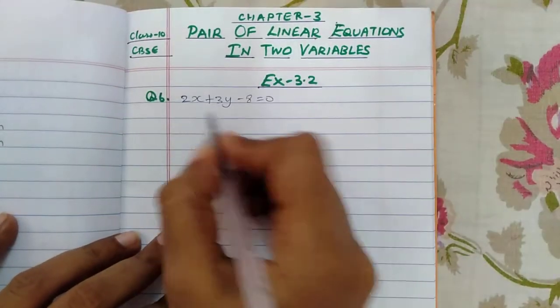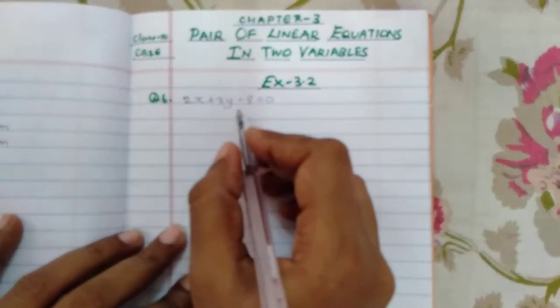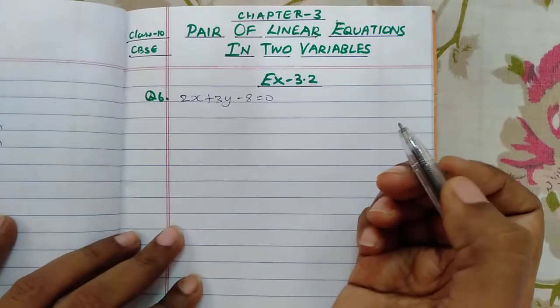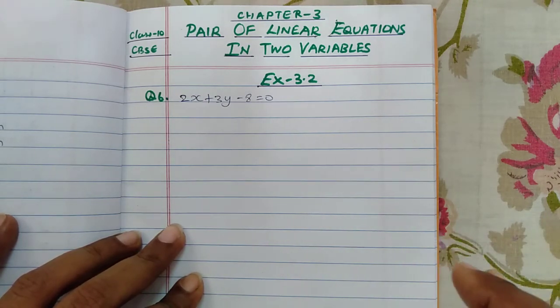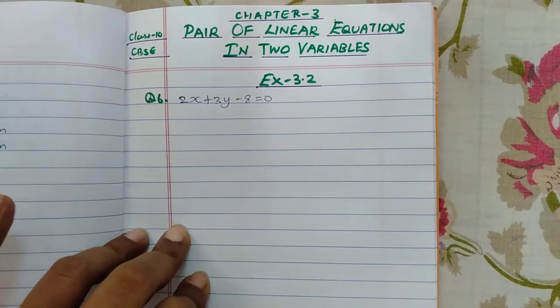Okay, now let's start. Now here is the equation. We need to find a pair for this so that we satisfy the three conditions for solving these pair of linear equations in two variables. So you remember the conditions. What are the three conditions?